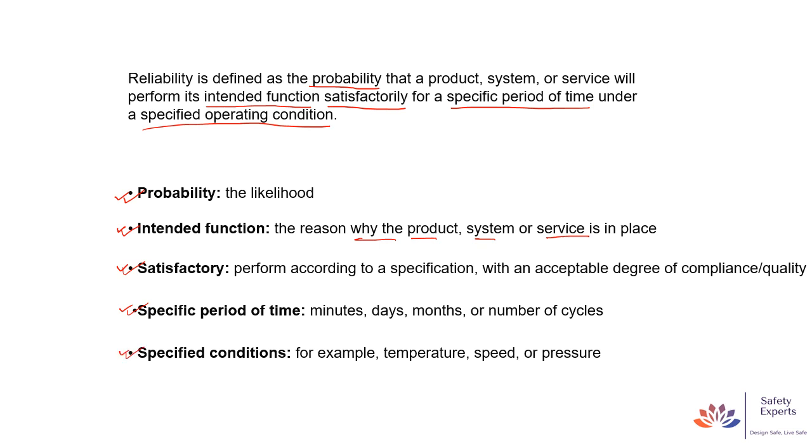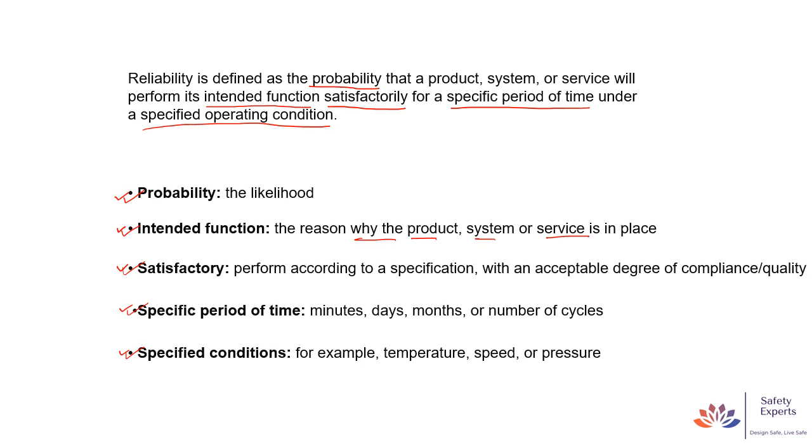Then specific condition. Every machine or product or system or service is designed to work under a specified operating condition. For example, the washing machine will work at 50 Hz 240 volt AC supply, right? That is one of the operating conditions. Now, if you give the same machine 110 volt AC and 50 Hz supply, it will not work, right?